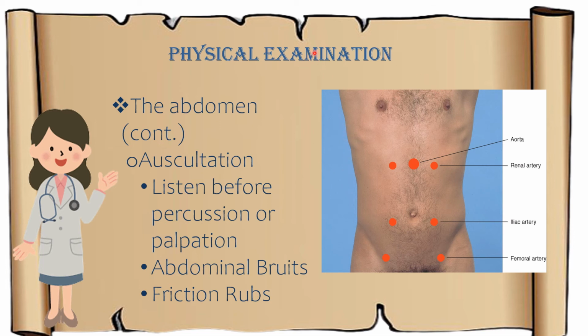Okay, so for the abdomen, if the patient has a high blood pressure, it is important to listen in the epigastrium and in each upper quadrant for bruits. So later in your examination, when the patient sits up, you can also listen in the costovertebral angle.